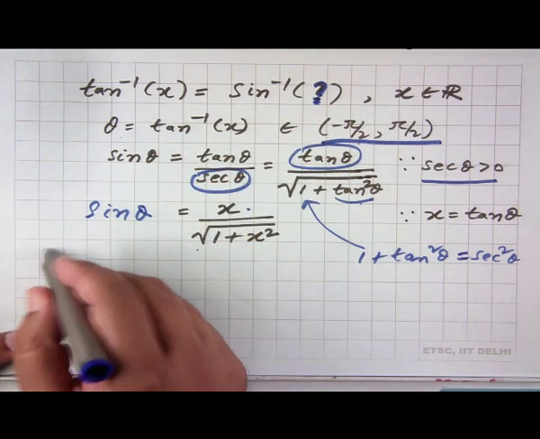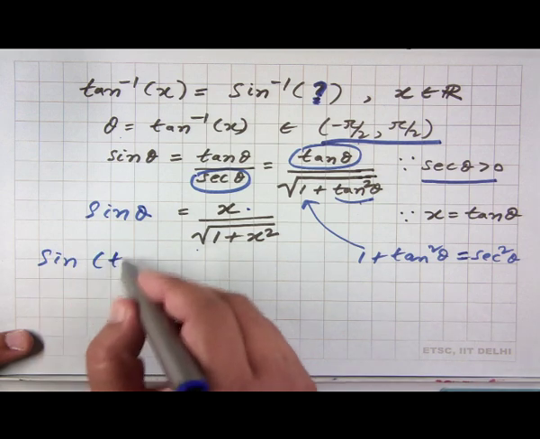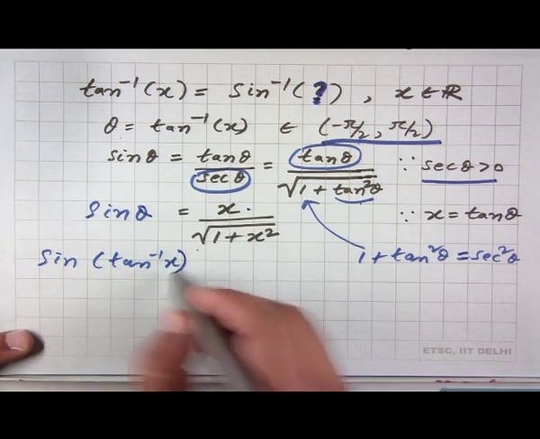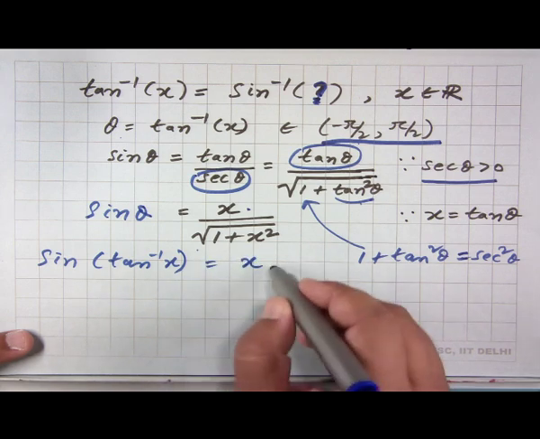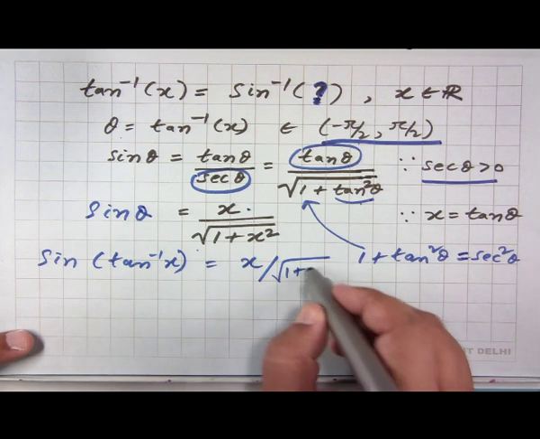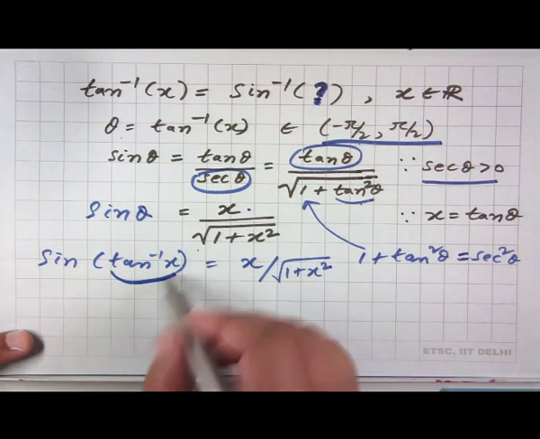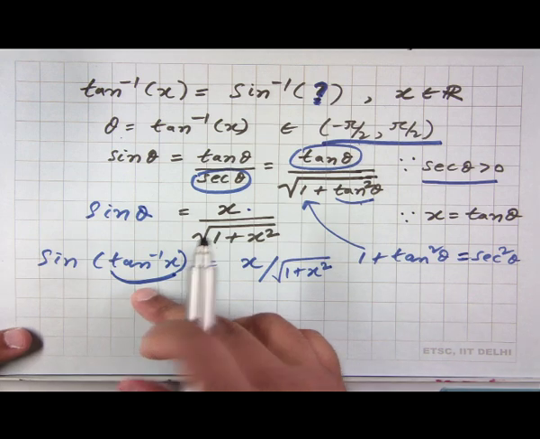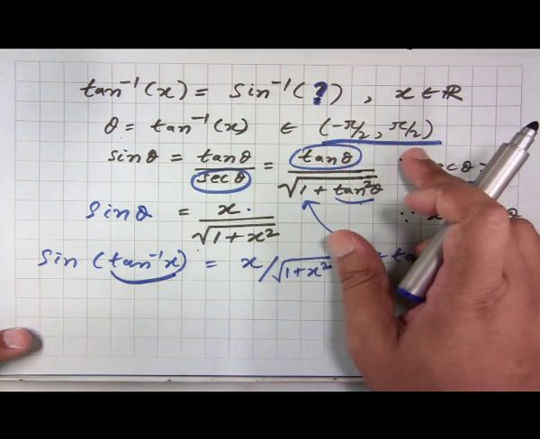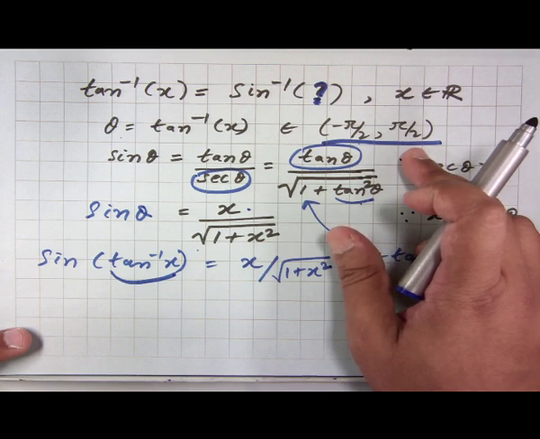So, we can actually write it as sine of tan inverse x equals x over root of 1 plus x square, but this angle tan inverse x belongs to minus pi by 2 to plus pi by 2, which is also the range set of sine inverse.